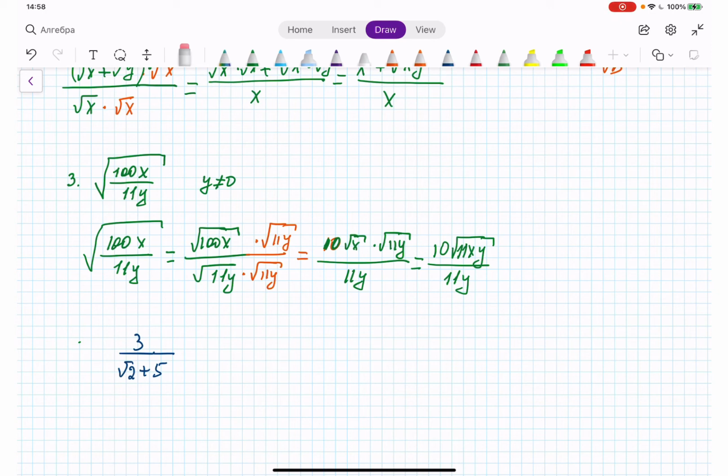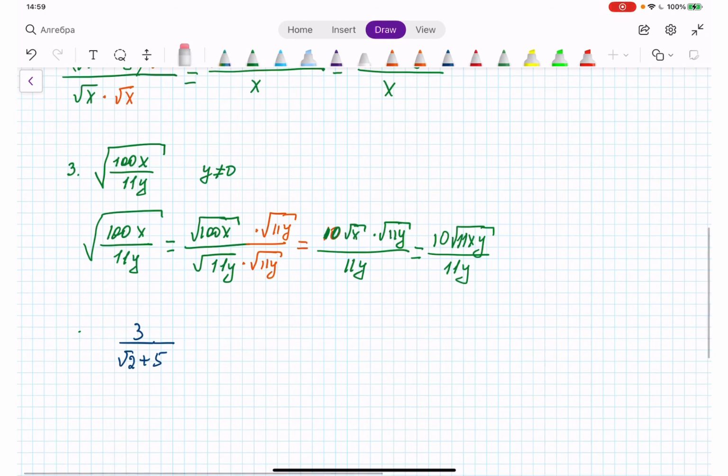Is it possible to do that? And our goal is again to get rid of the radical without bringing this 5 under the radical. Yes, it is possible. So let me remind you of the formula you all know by now.